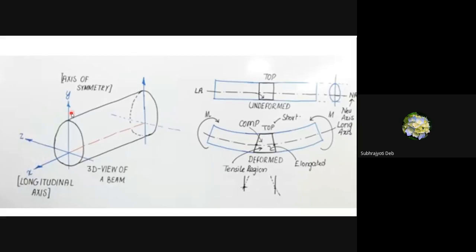Because in this section, the cross-sectional area is symmetric about this axis. That's why it is known as axis of symmetry. And this x direction is known as the longitudinal axis, and this is the z axis. Okay, it has a name.